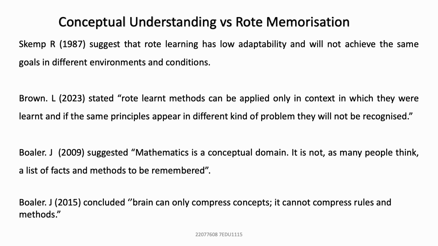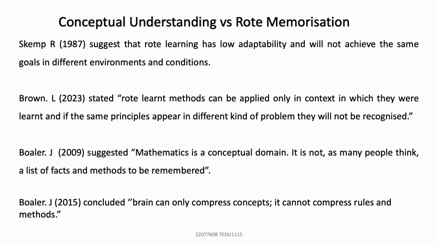Skemp 1987 suggests that a rote learner has lower abilities and will not achieve the same goal in different environments and conditions. Brown 2023 states, rote learned methods can only be applied in the context in which they were learned, and if the same principle appears in a different kind of problem, they will not be recognized.